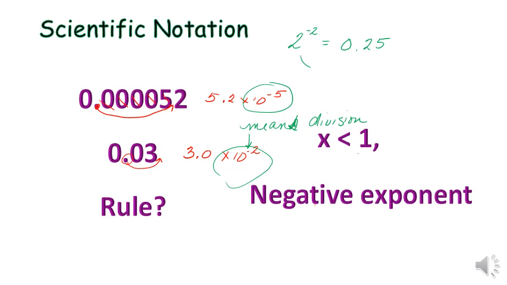Interesting. Well, the reason I said it means division is this number could be written like this: 1 over 2 squared, which is equal to 1 over 4, which is equal to that number. This negative sign basically means take this number and stick it in a denominator. It does not mean a negative number.